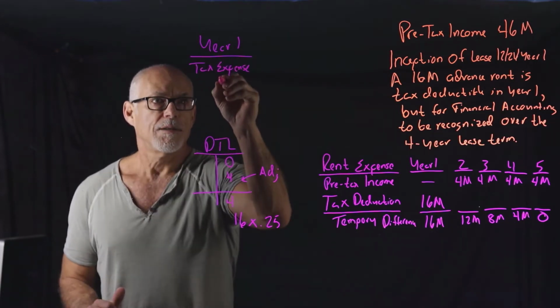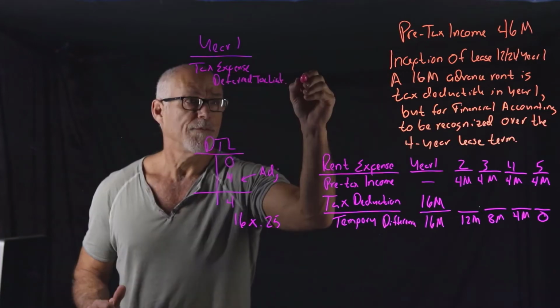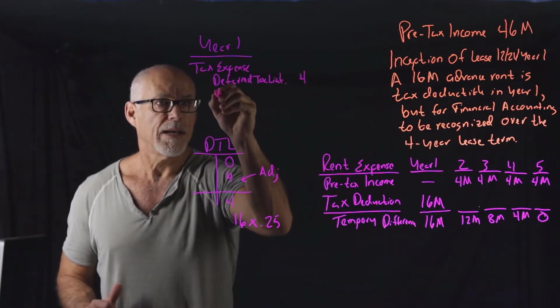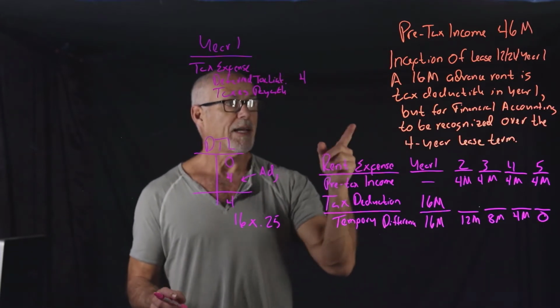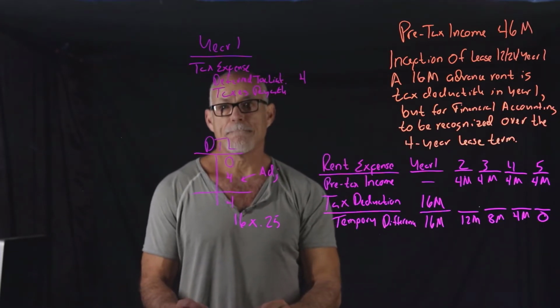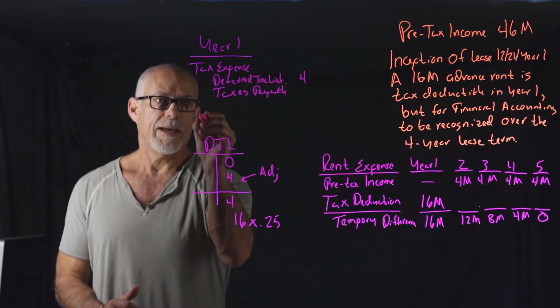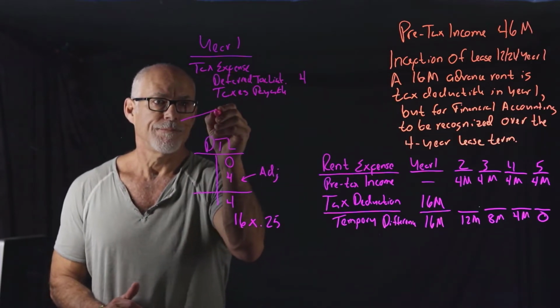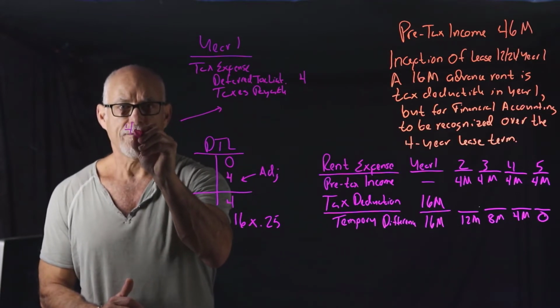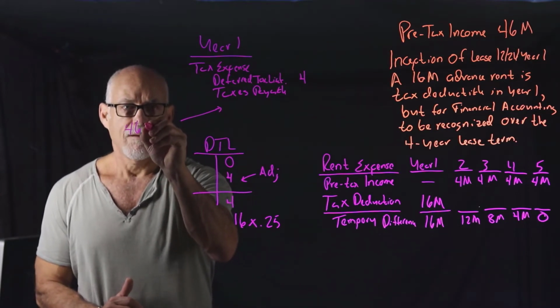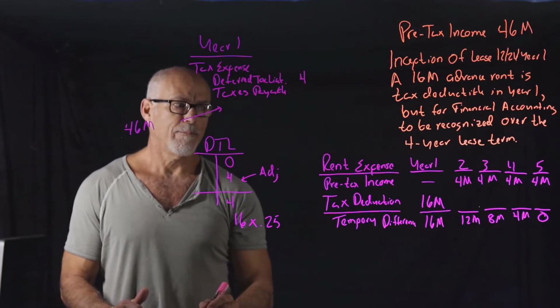Tax expense, deferred tax liability is 4, and then taxes payable we have to figure out. What it tells me is that pre-tax income is 46. All right, and what I need to do is figure out what that's going to be after I take this deduction. 46 million was my starting point.